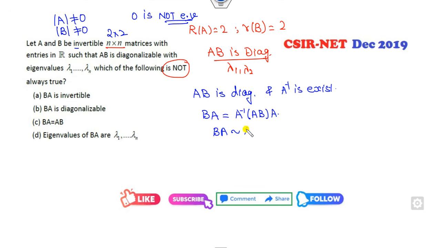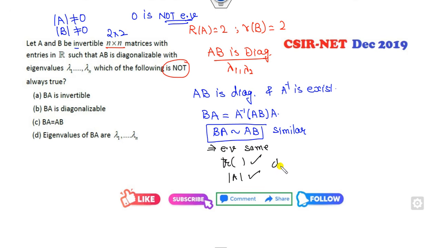BA is similar to AB. What does it mean? If both are similar, that means eigenvalues are the same. It means trace of them are the same, determinant of them are the same, characteristic polynomials are the same, eigenvalues are the same, and so on. So eigenvalues of BA are the same as eigenvalues of AB.